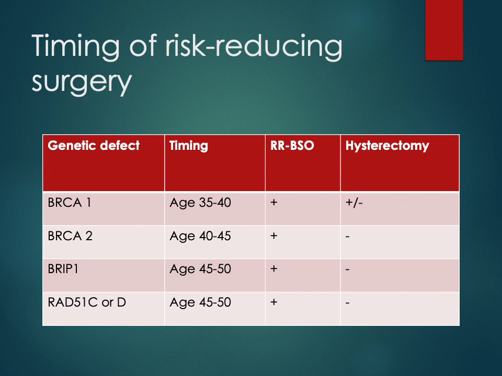Just a note for BRCA1, it's a discussion to have with patients about whether or not to do a hysterectomy at the time. Women with BRCA1 are a little more likely to have a serous uterine cancer. It's still not a very high percentage, maybe 3% or so. And so some women elect to undergo a hysterectomy to reduce that risk.